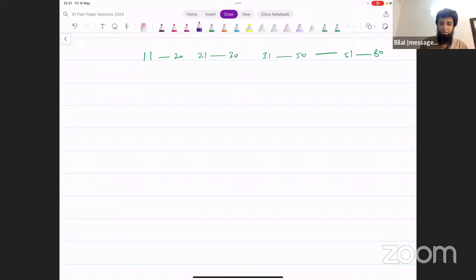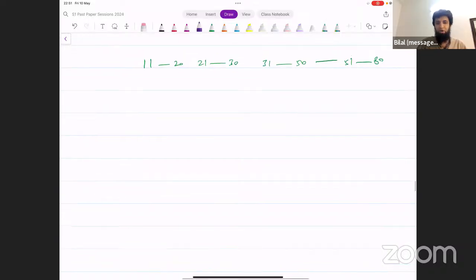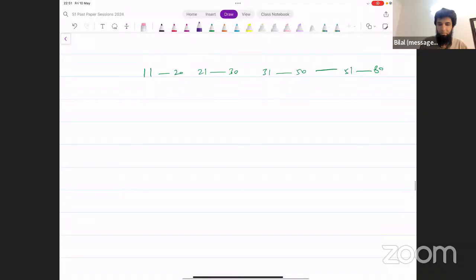What you do is you have to adjust these intervals for drawing a histogram. Find the midpoint of these numbers, 20 and 21. What's the midpoint? 20.5. That's the actual cutoff point. Find the midpoint of 30 and 31. That's 30.5. And then similarly, here the midpoint of 50 and 51, what's that? That's 50.5.